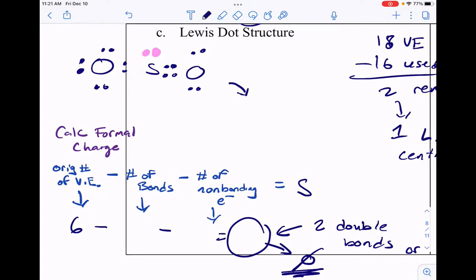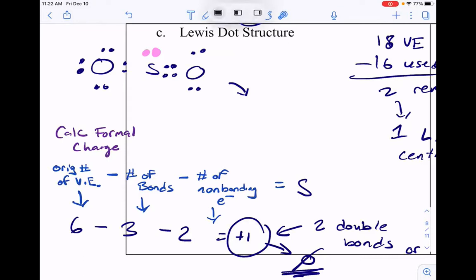Number of bonds would be 3. Okay, so here I have 1, 2, 3. So I have a total of 3 bonds. And then number of non-bonding electrons, that still doesn't change. It's 2. So if you look at the calculation, I have 6 minus 3 minus 2, that's +1. So notice how by creating a double bond, I reduced this value from +2 to +1.